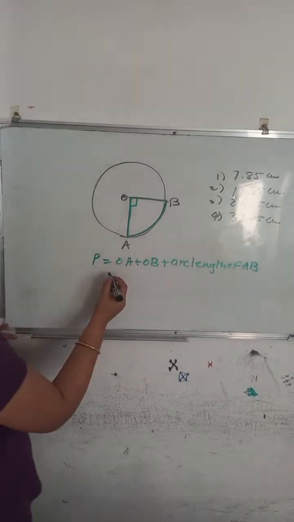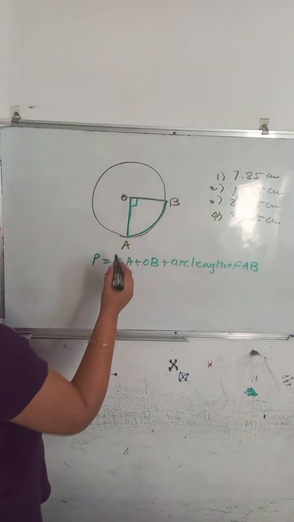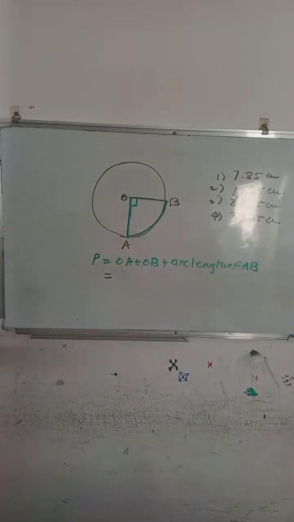So here OA is nothing but the radius. Did they give any radius over here? Radius is not mentioned here, only the diameter 10 is given.